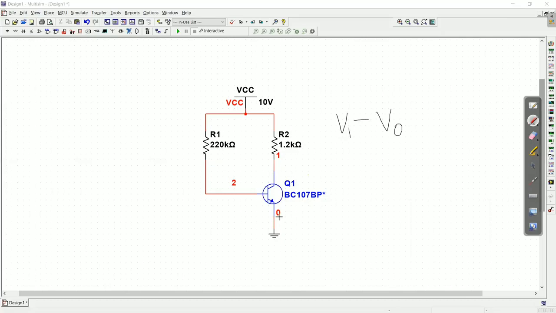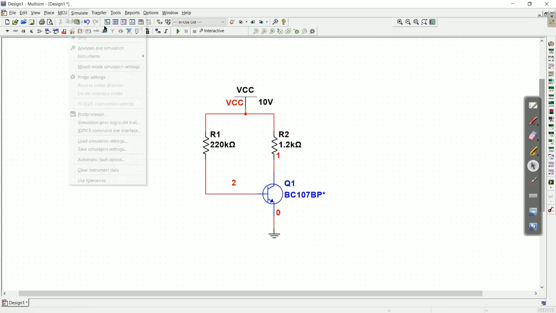We know that V of 0 is equal to 0, so finding V of 1 is enough to find VCE. Let's find it.